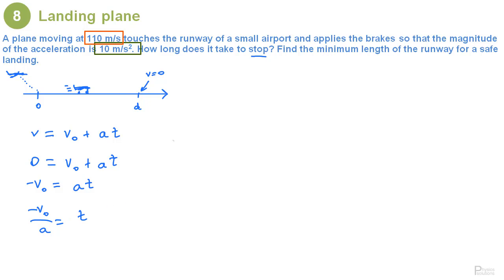I will continue here on the other side. So I will write this expression again. t is minus v0 divided by a. We get minus v0, which is 110 meters per second, divided by the acceleration.